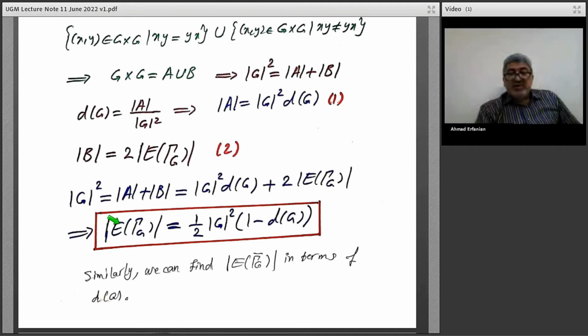Now, you can see by this formula, if we have the commutativity degree, then we can find the number of edges of the non-commuting graph. And conversely, if we have the number of edges by this formula, we can find the commutativity degree.